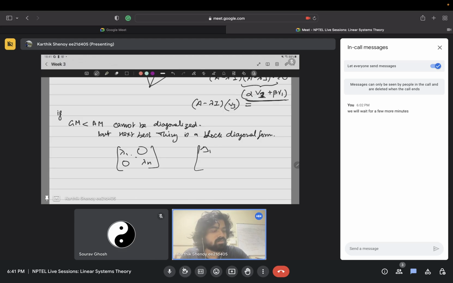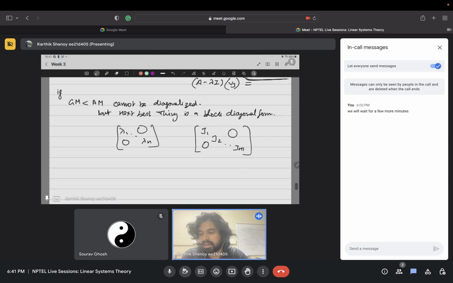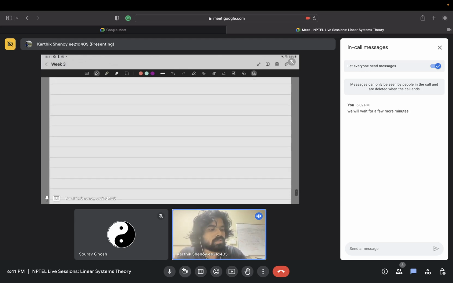So this is one block, I will call it J1, why we will see later, J1, J2 etc. these are blocks. Maybe some m, there are m Jordan blocks. So this is called a Jordan canonical form or a Jordan decomposition. It is a more general form of eigenvalue decomposition. So, we will see an example.